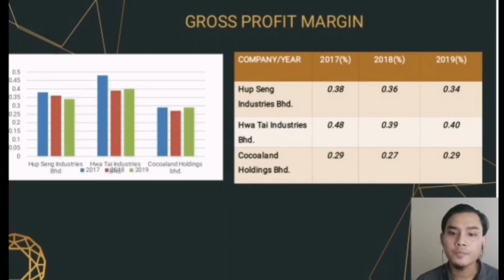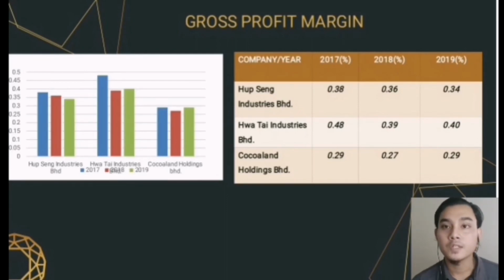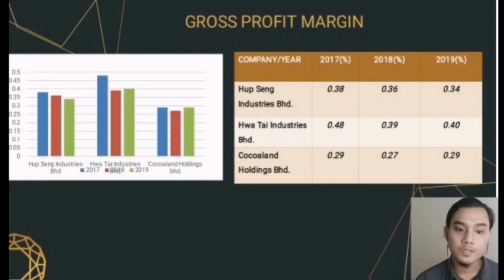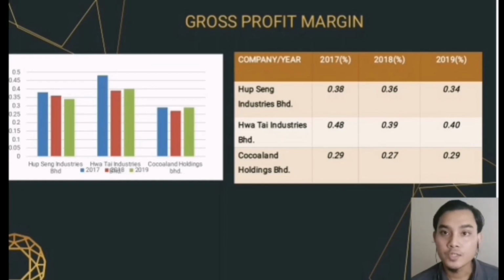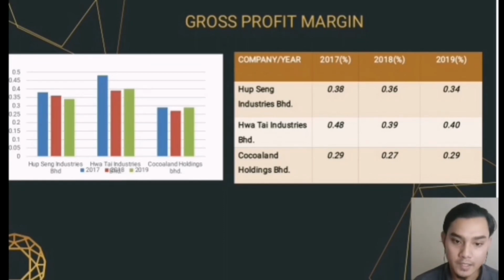Hapseng Industri Berhad company showed a decrease in 2017 to 2019 from 0.38% to 0.36% in 2018 and 0.34% in 2019. Furthermore, Huatai Industry company shows a decrease in 2018 from 0.48% to 0.39% and increased to 0.40% in 2019.